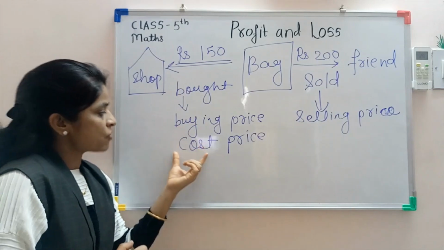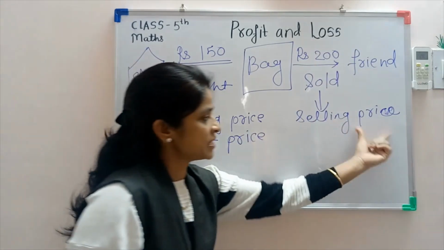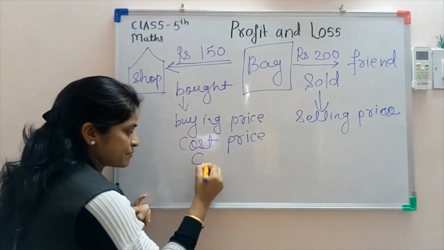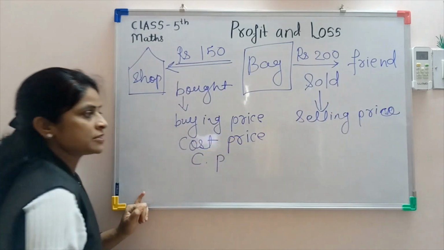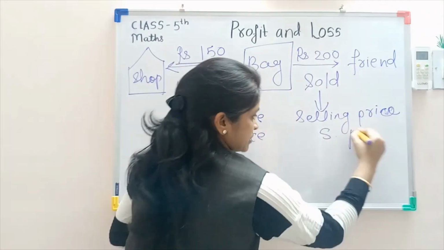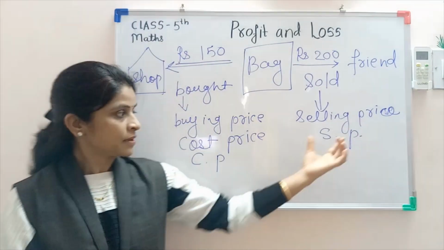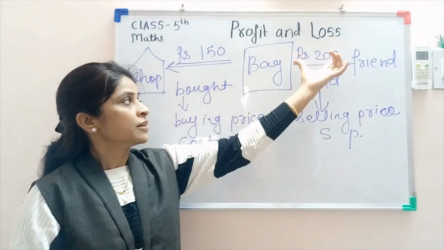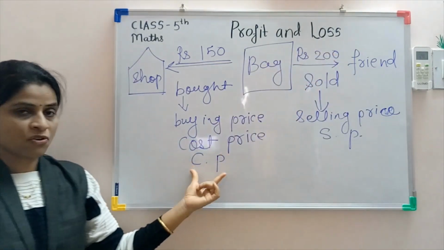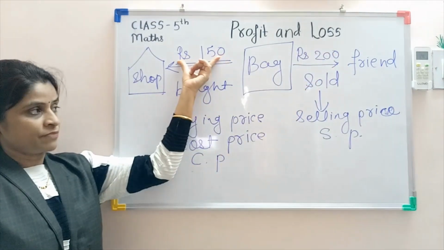Every time writing cost price and selling price, we will write CP for the cost price and SP for the selling price. Now you can see here selling price is 200 and cost price is 150.